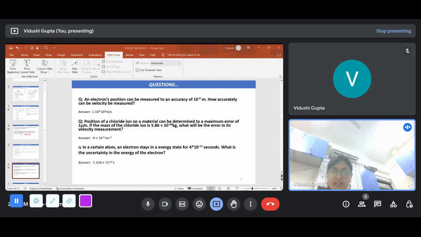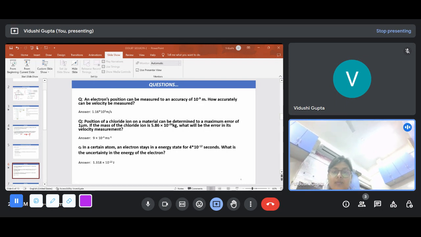So lambda can be written as lambda naught v by c plus lambda naught. So what's the lambda naught?